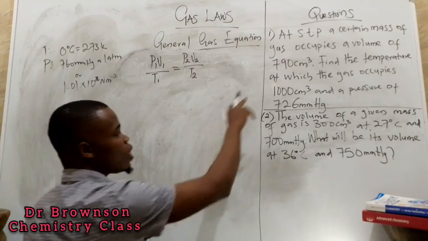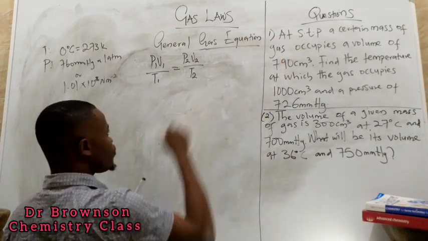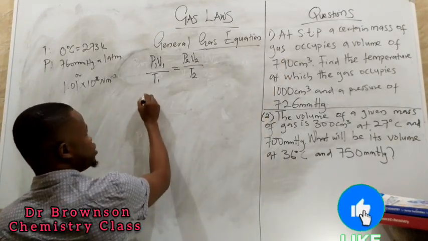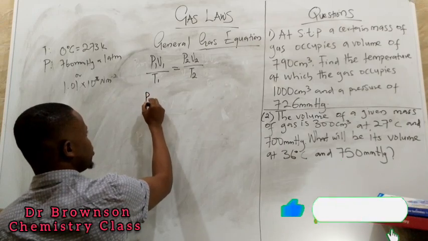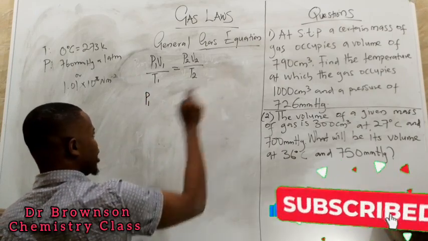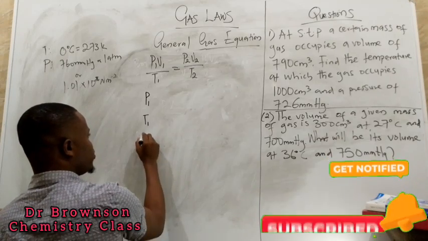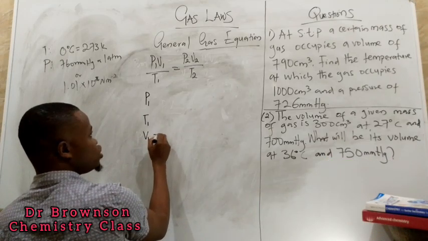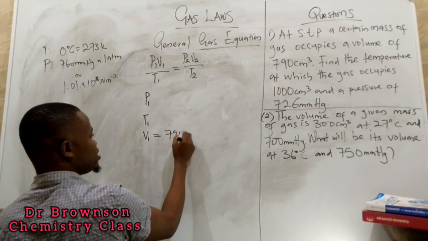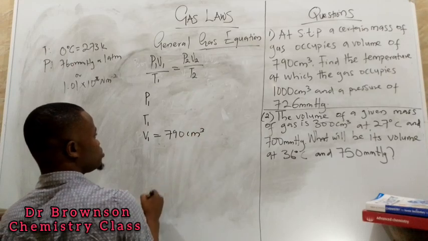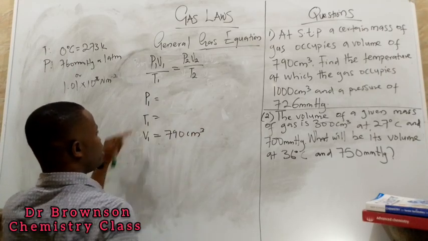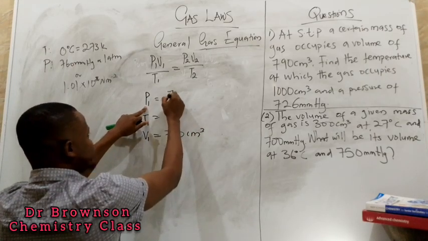So in this case, your STP is your pressure 1 and your temperature 1. Then you are being given V1, which is 790 centimeter cube.